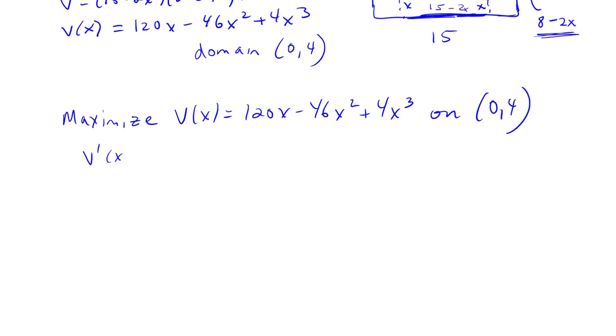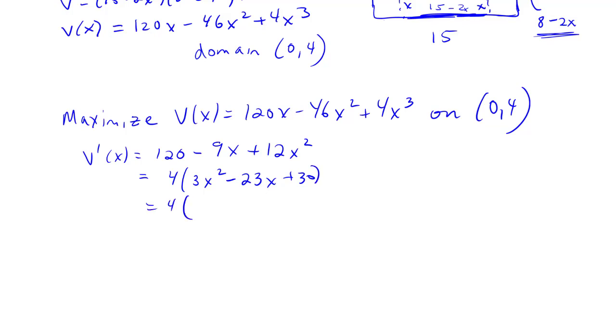Derivative. So 120 minus 92x plus 12x squared. All right, I could take out a 4 and rearrange this a little bit. So it's 3x squared minus 23x plus 30.